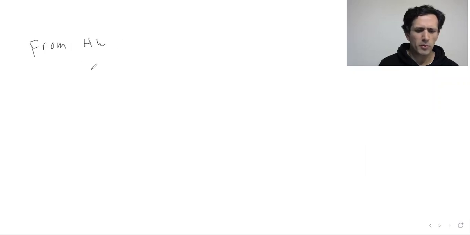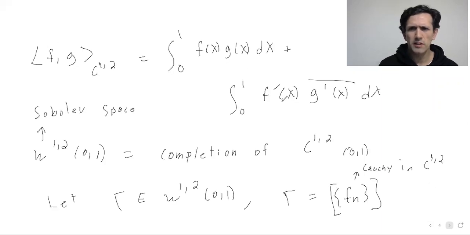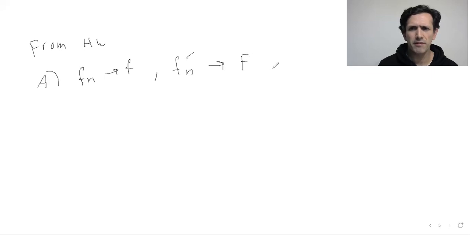Well, from homework, we have two properties. We have that f_n converges to some f, and f_n prime, because this is Cauchy in C^1_2, converges to some big F in L2, just because L2 is complete, nothing more than that.